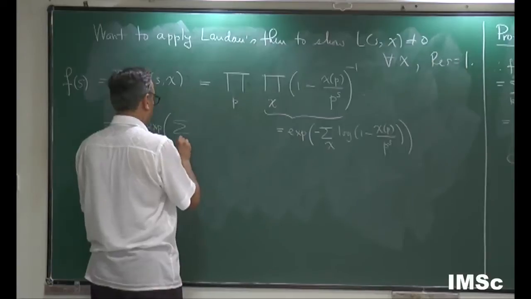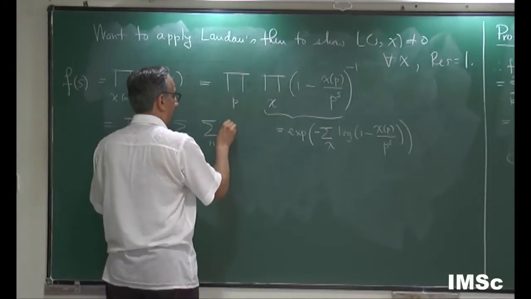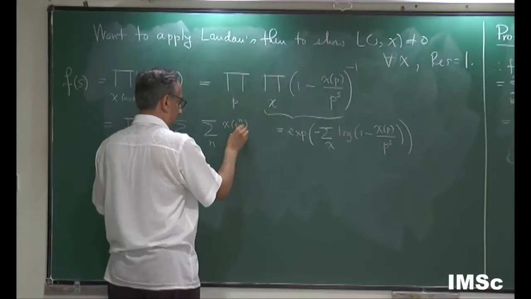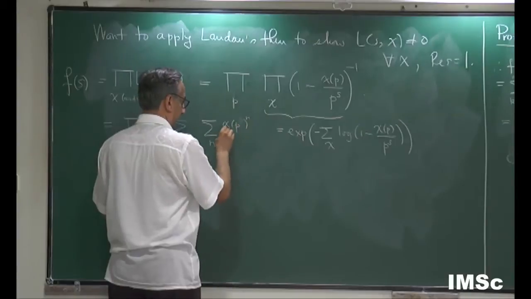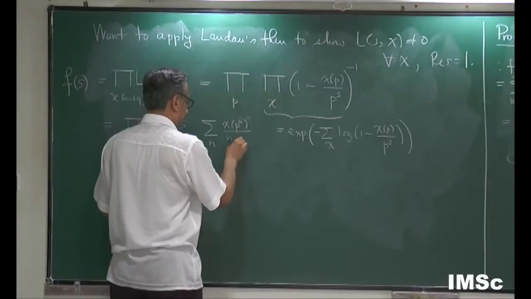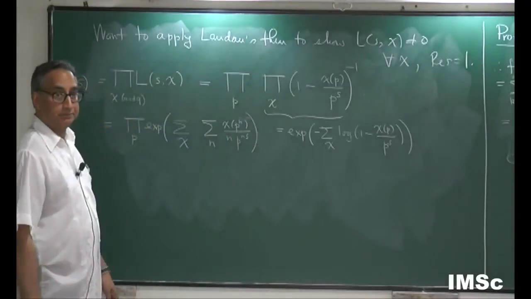So firstly it's over chi, and then over n, chi of p to the n. Now remember, it's a completely multiplicative function, so let's put it in here. Everybody okay with that?